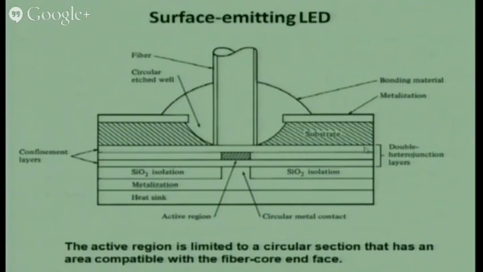You have a double heterostructure with the active region here, and then directly take the fiber right on top of the active region, so that I can couple maximum light output. And this is the bonding material, and during the process itself we have etched the circular edge, so that my fiber or lens can go right into the active region, which is of the order of 0.3 micron, roughly 300 nanometers, right?